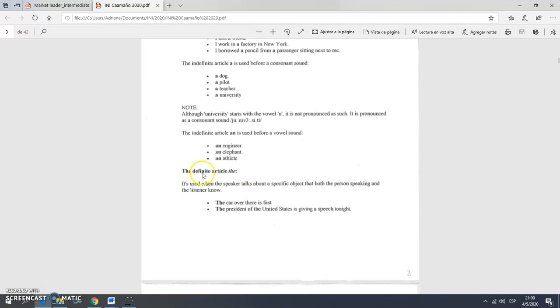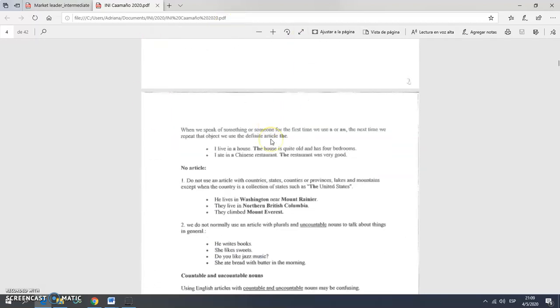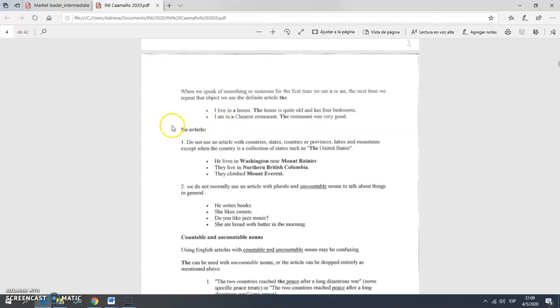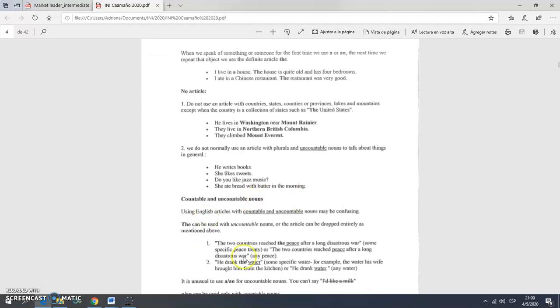Then you have explanations about the different uses. Remember that there is a possibility of using no article. And in fact, that is a very common mistake, this one in particular.